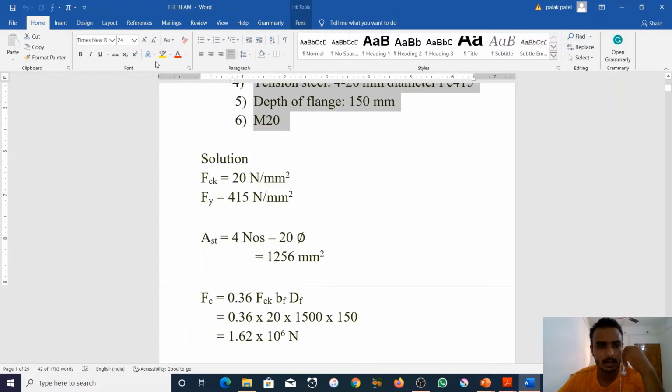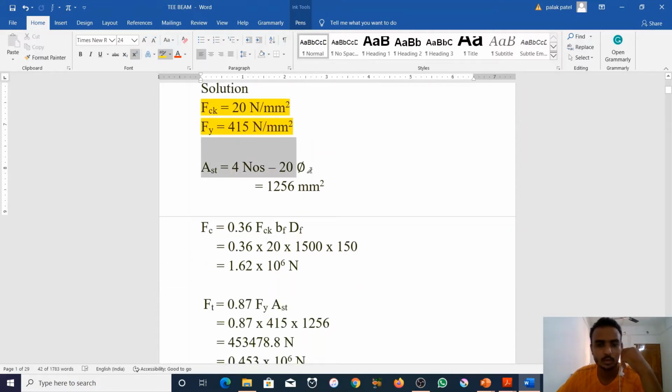Example. fck is the grade of concrete, then the grade of steel, then the number of 20 mm diameter bars. So the area of steel Ast is 1256 mm square.